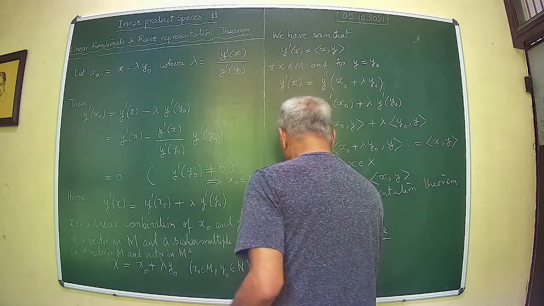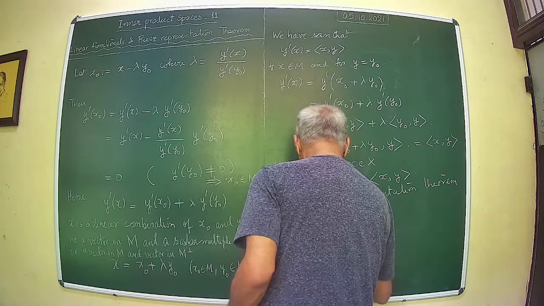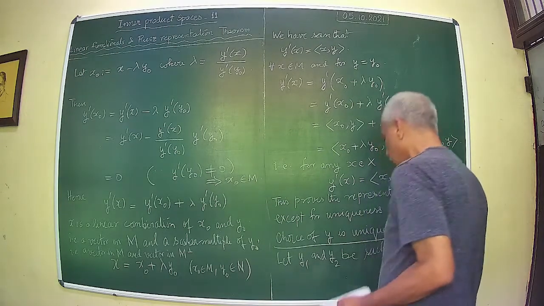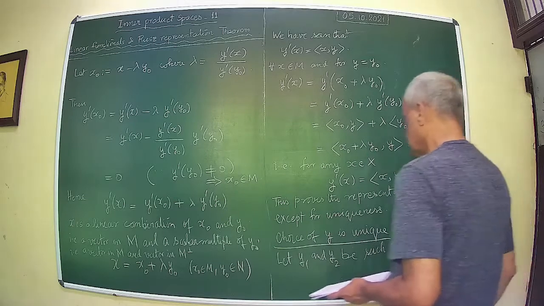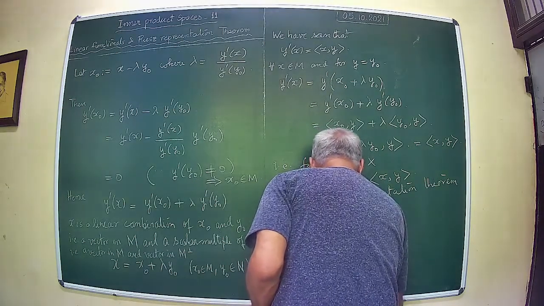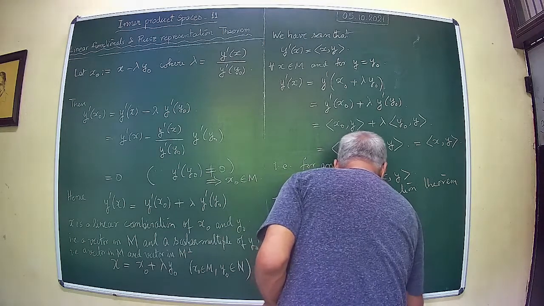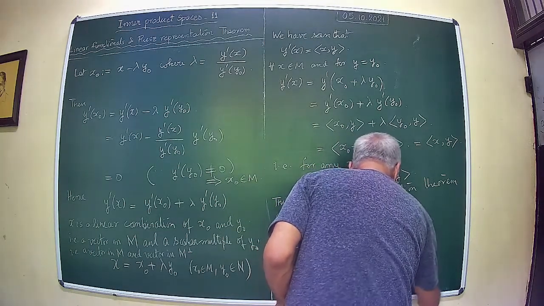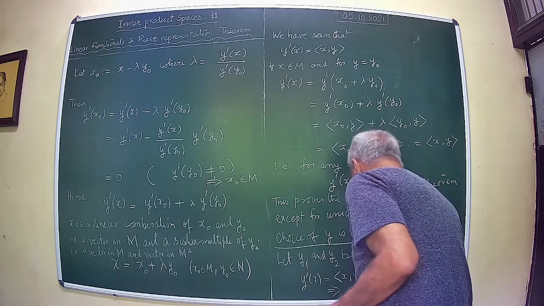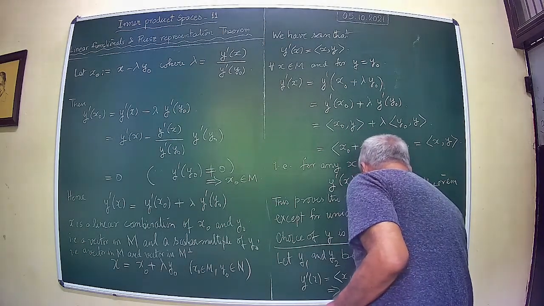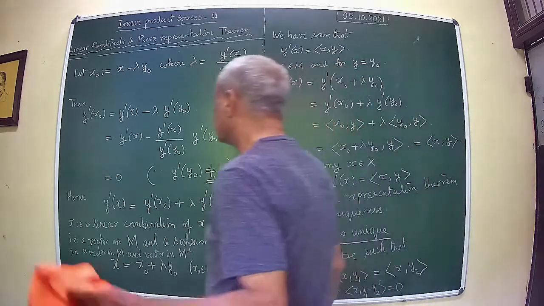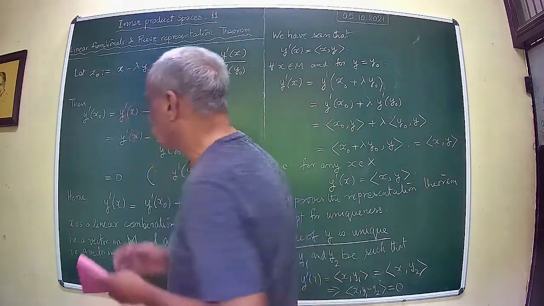Let y1 and y2, which implies the inner product of x with y1 minus y2 equal to 0. This is true for every x.